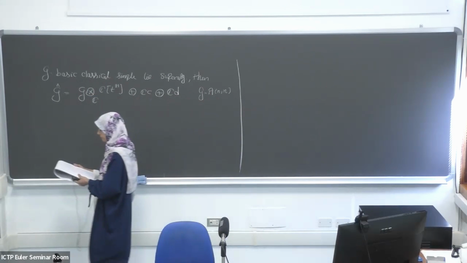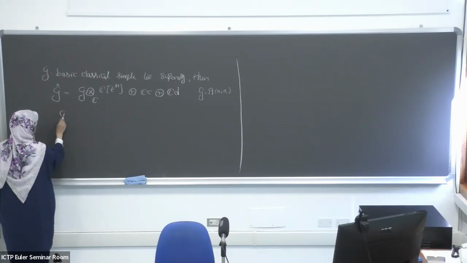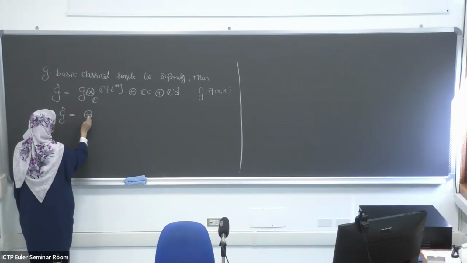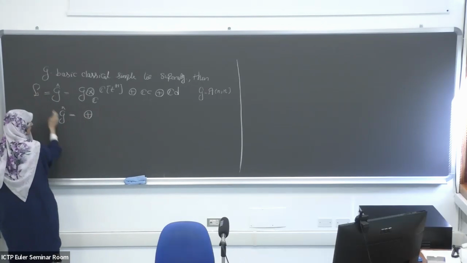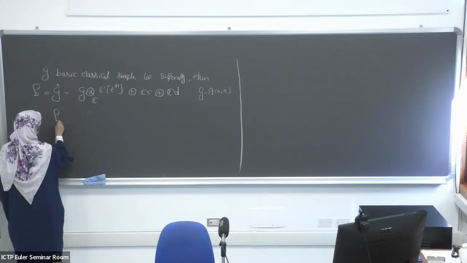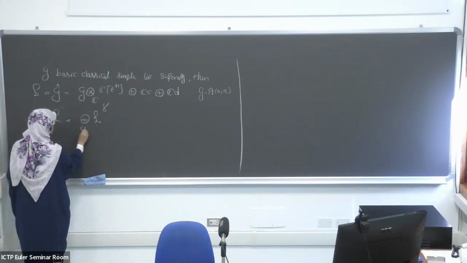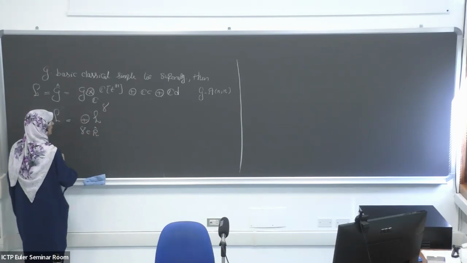And you remember, I told you that we have G hat, that I call L. L is direct sum L gamma, when gamma is an element of R hat.